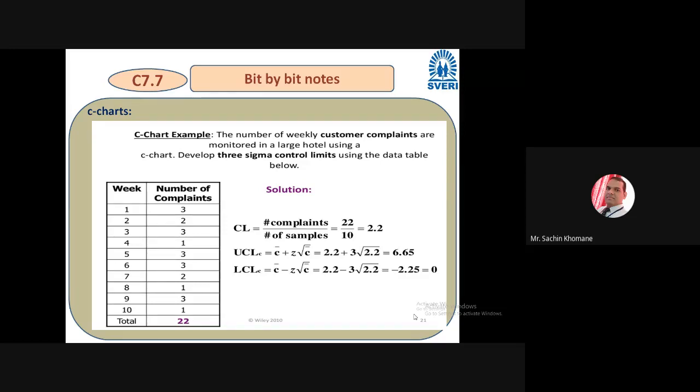If any point goes above the upper control limit, what will be your conclusion as a production manager or quality control manager? What will be your corrective action? Any guess what you will do?